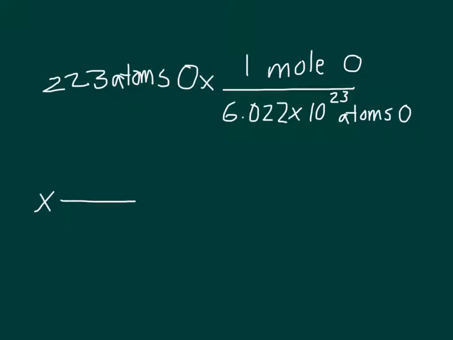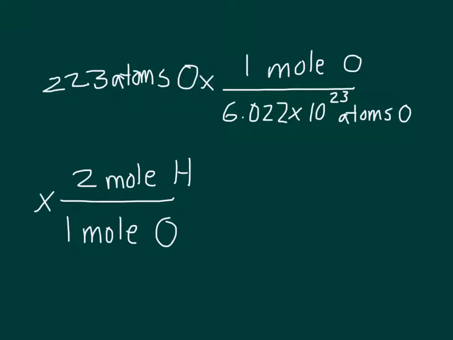But then we continue on to 2 moles of hydrogen over 1 mole of O. Our mole-to-mole ratio is 2 to 1 because we have to remember that H2O is the chemical formula for water, and we're looking at a sample of water that has 223 atoms of oxygen.